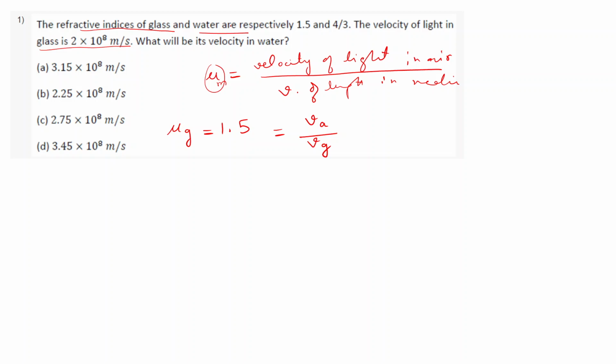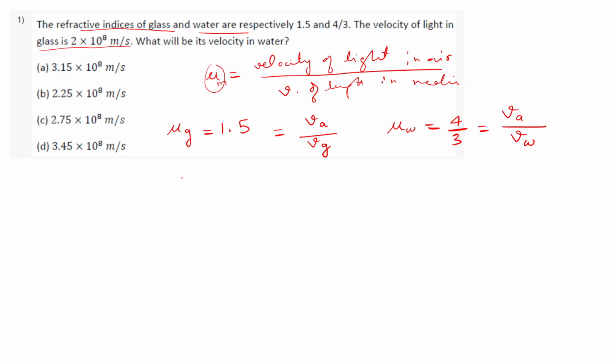The next condition given is the refractive index of water. The refractive index of water is given to be 4 by 3, which is again the ratio of the velocity of light in air to the velocity of light in water.